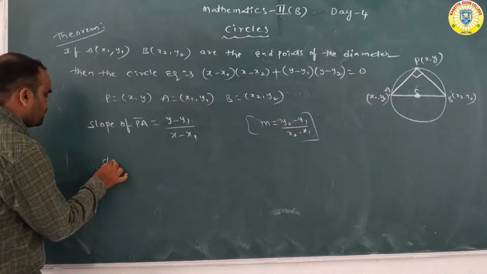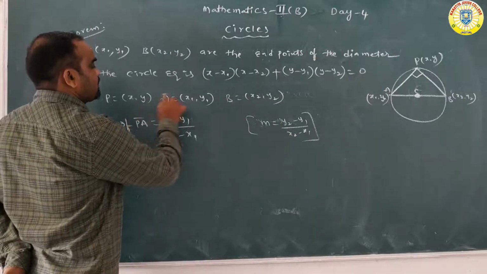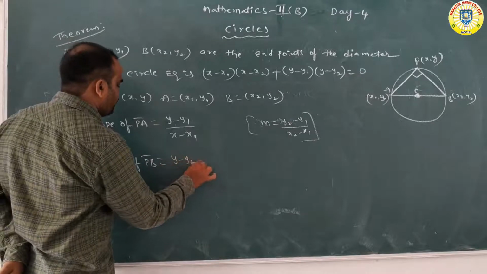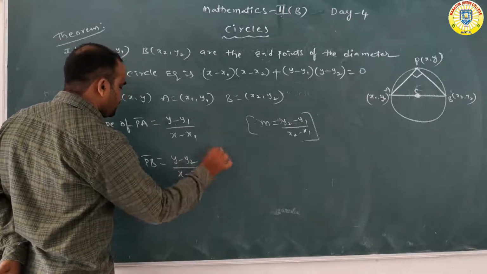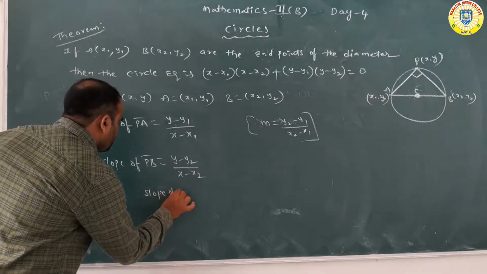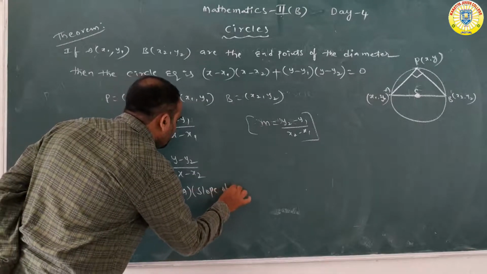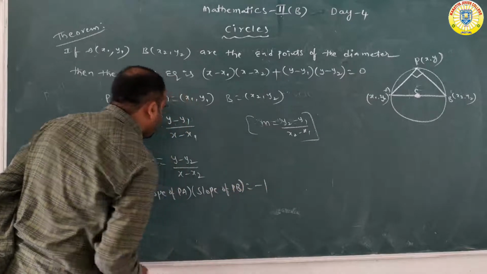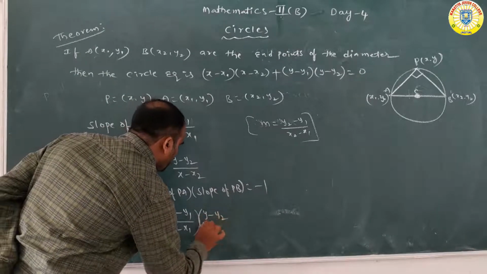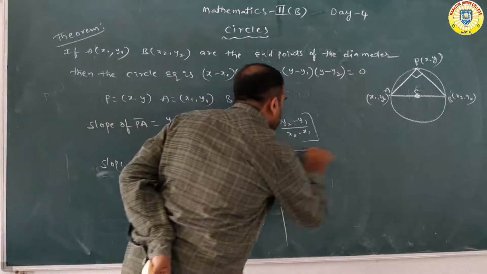Next, the slope of PB. P = (x, y), B = (x2, y2), so the slope of PB is (y - y2)/(x - x2). The slope of PA into the slope of PB is -1, so (y - y1)/(x - x1) times (y - y2)/(x - x2) equals -1.